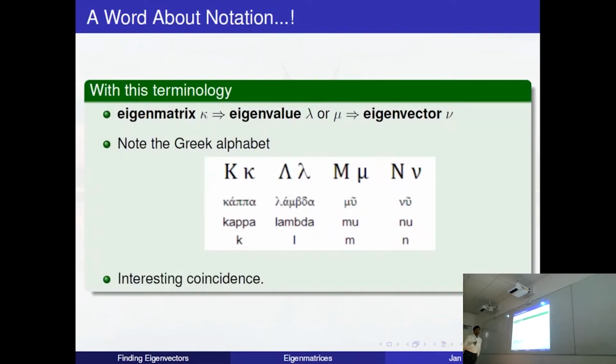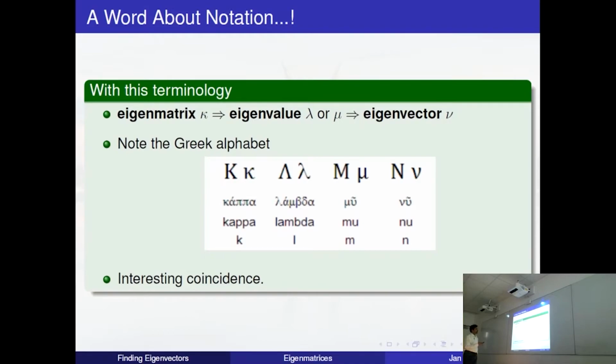Let's talk about the rationale behind picking this terminology. We normally use lambda and mu for eigenvalues, and nu for eigenvectors. So the question is, what is the best choice for an eigenmatrix?